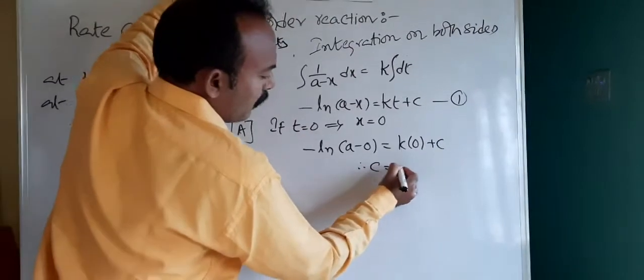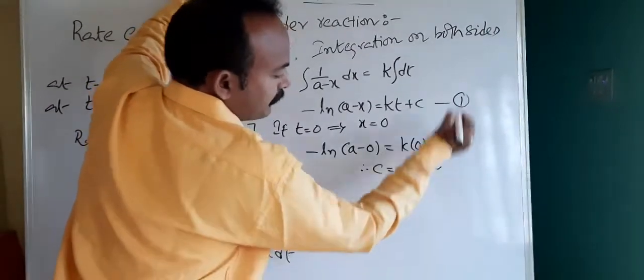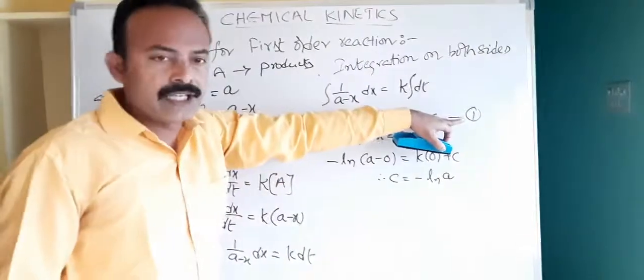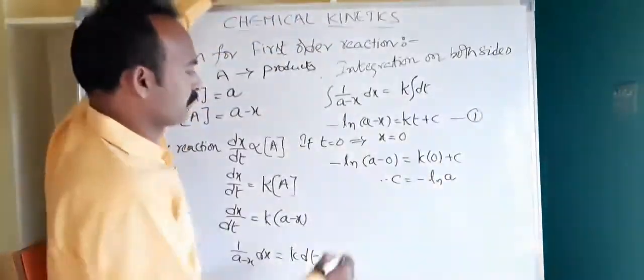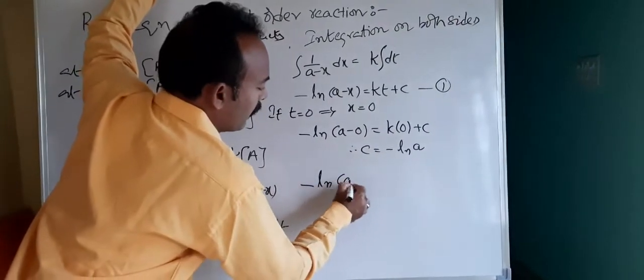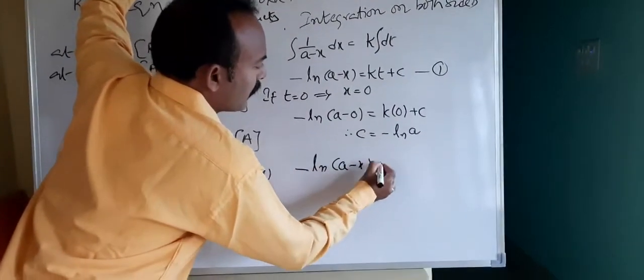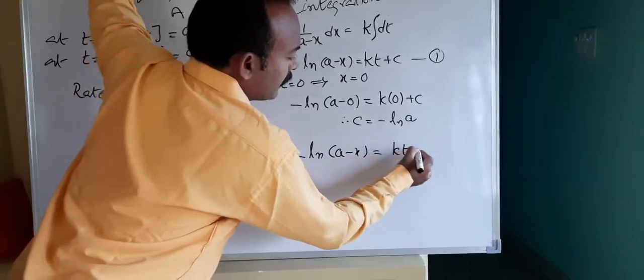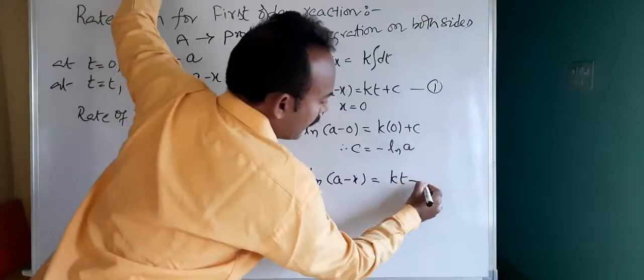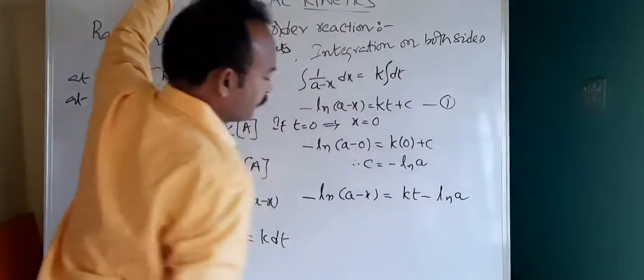Therefore c is equal to minus ln a. This c value is substituted in equation 1. Then minus ln (a minus x) is equal to kt, and c value is minus ln a.